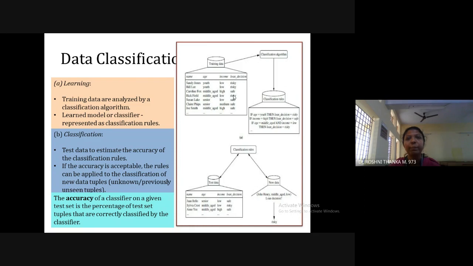Then when we give a new input to the model, we try to see how well it can predict the answer for the newly given input.